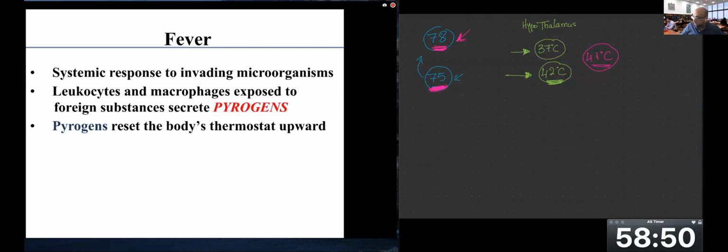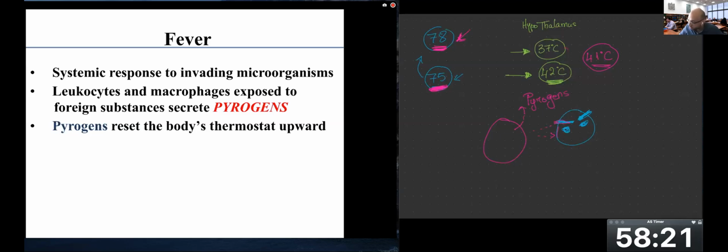So I've got a pathogen that got recognized by immune cells. Once I recognize that this is a pathogen by detecting the surface antigens and stuff like this, I will start to release the chemicals. And remember, the chemicals here that will induce the fever are called pyrogens. Those pyrogens will do what?